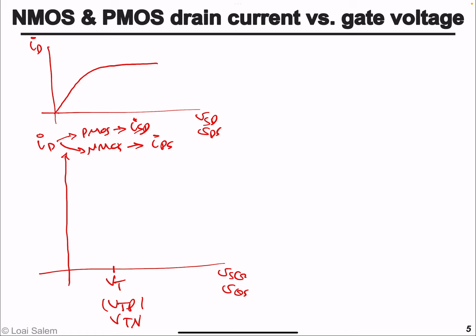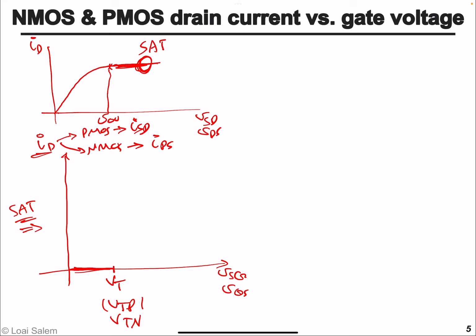So we said when the VSG or VGS is less than the threshold voltage of the transistor, the drain current is going to be zero. And once we exceed that, it conducts, right? And essentially, we found that particularly in the saturation region, if we are plotting this curve for either the PMOS or NMOS, this is V overdrive. And so we are just interested in the saturation current for different gate to source voltages.